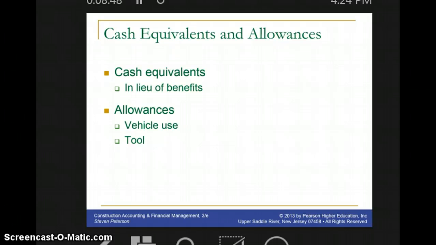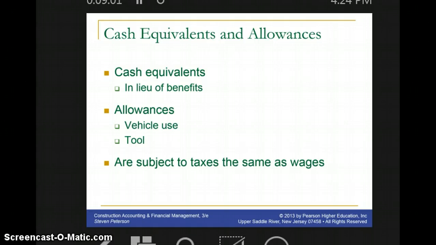If it's required for the employee to bring his or her own vehicle or tools, the employer may recognize a cash allowance payment for that usage. The allowances or cash equivalent allowances are also subject to payroll taxes in the same manner as wages.